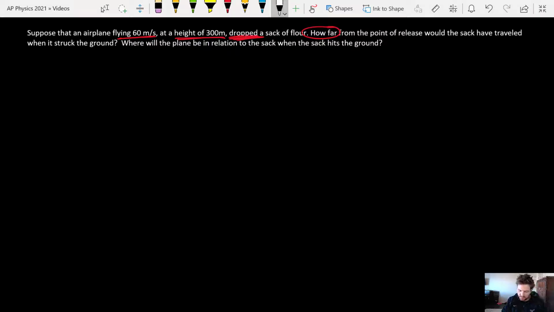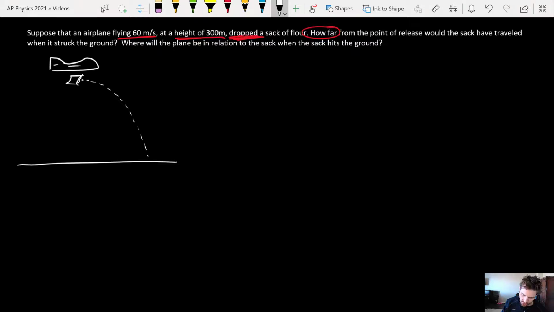So we got another plane flying. Wonderfully drawn plane right there. Sack of flour. And it goes, that's a terrible parabola. Hits the ground.